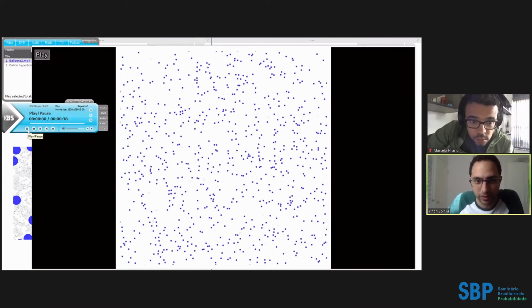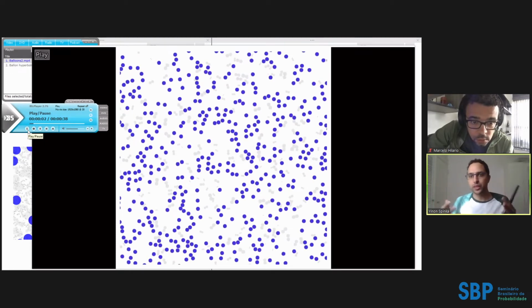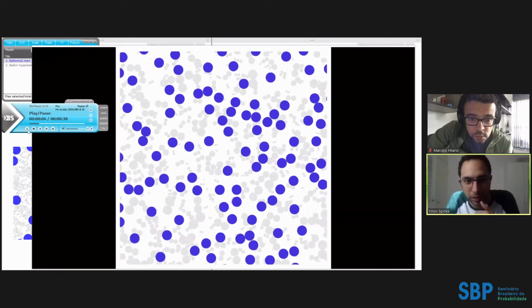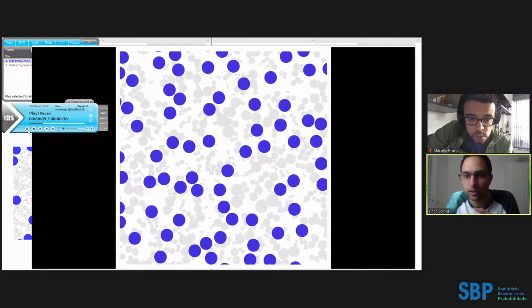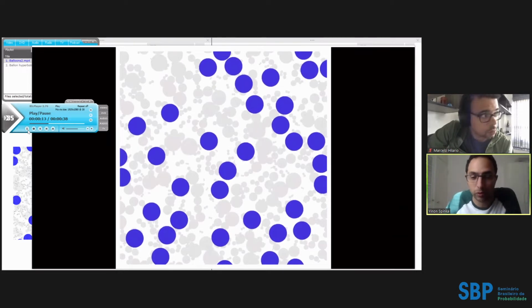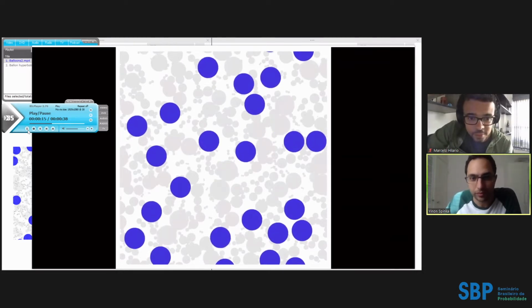You see these start to grow, and as two hit each other, they pop and disappear, and the popped ones are shown in gray, just so that you can see what happened before. The blue balloons are the ones that are still active. At some point, for the simulation, we're going to change scales. So at this point I stop the simulation, and I'll rerun.